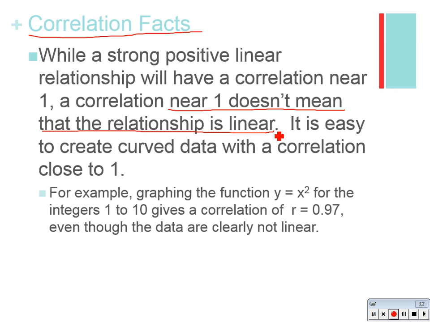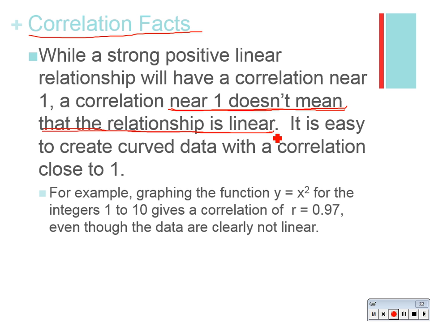Your calculator will compute correlation for any type of scatter plot, linear or otherwise. You don't want to fall victim to assuming your scatter plot is linear and computing the correlation without actually looking at your scatter plot first.